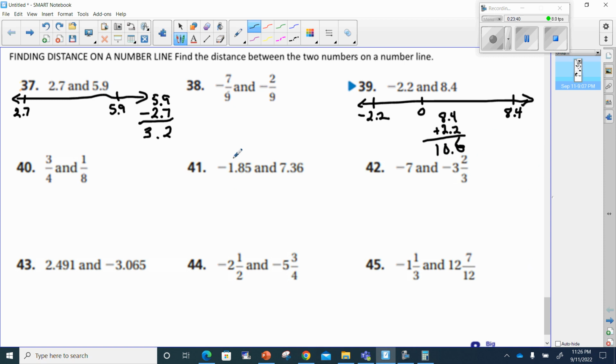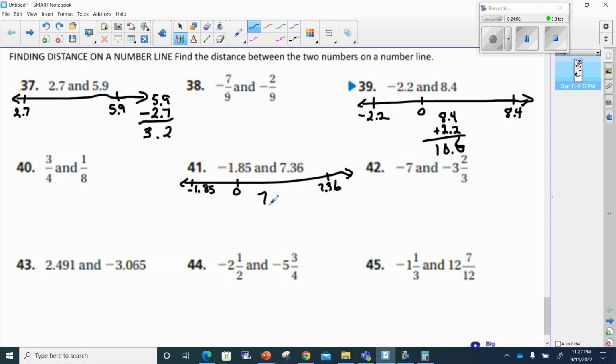All right, number 41 is mine. Again, if we're on the number line, and this is negative 1.85, we have to cross through 0, right? And then get all the way to 7.36. This means I have to add all the numbers from here to 0, and then add them to all the numbers here.